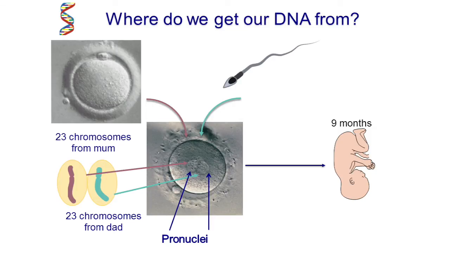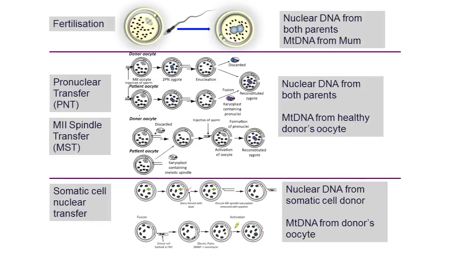So just to go back, before I finish, where do we get our DNA from? To go through the options we've spoken about: at fertilization, the nuclear DNA comes from both parents, and the mitochondrial DNA comes only from mom in the egg. In pronuclear transfer and metaphase 2 spindle transfer, the nuclear DNA comes from both parents, but the mitochondrial DNA comes from the healthy donor's oocyte.